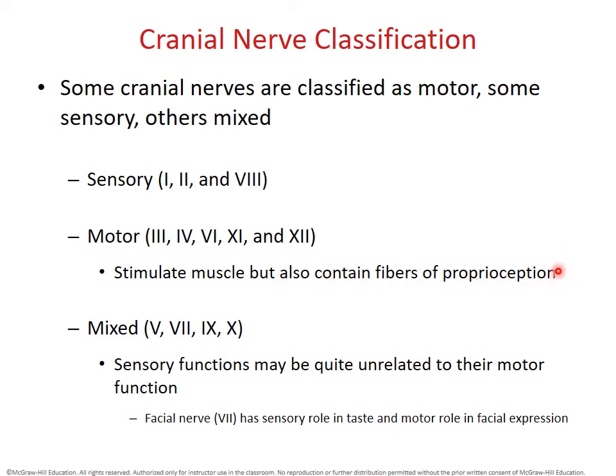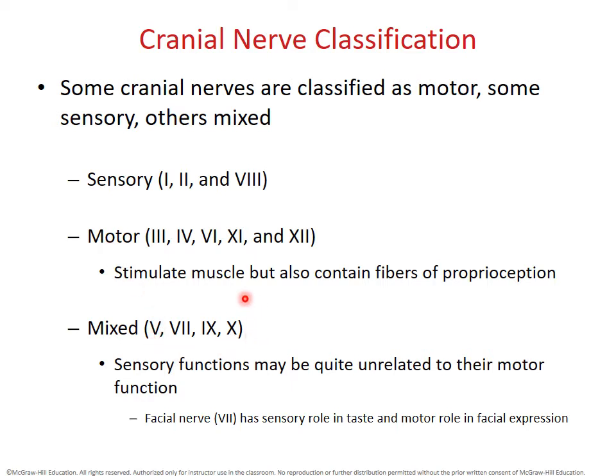Remember, proprioception is awareness of muscle and joint position in the body so that we can have coordinated and balanced contraction and movements, and so that we are aware of our position in space. And all of these so-called motor cranial nerves do perform some proprioceptive sensory function as well. So it's more accurate to refer to these as primarily motor in function.